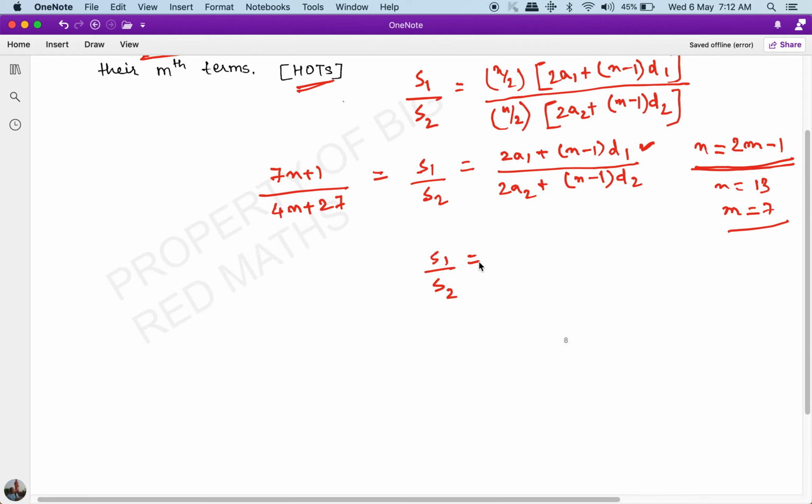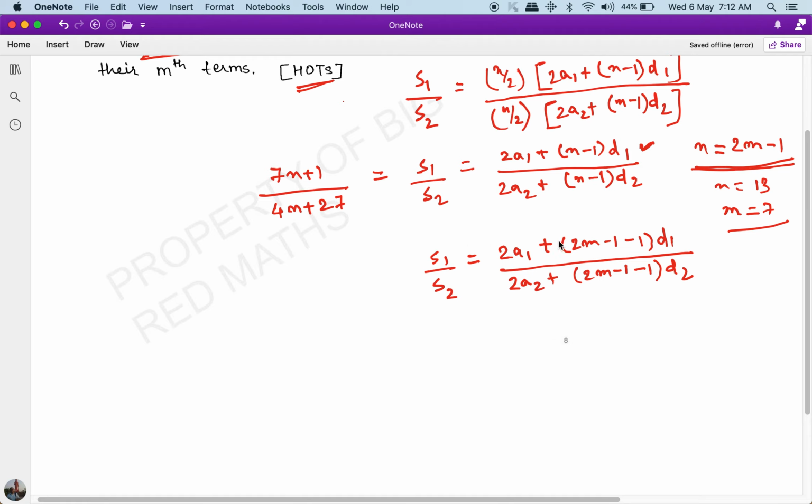When I replace n with 2m minus 1, the top becomes 2a1 plus 2m minus 1 into d1, and the bottom becomes 2a2 plus 2m minus 1 into d2.